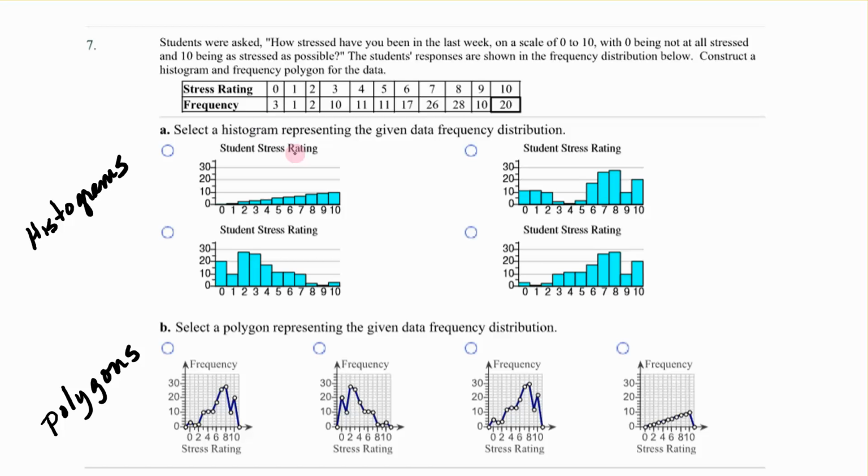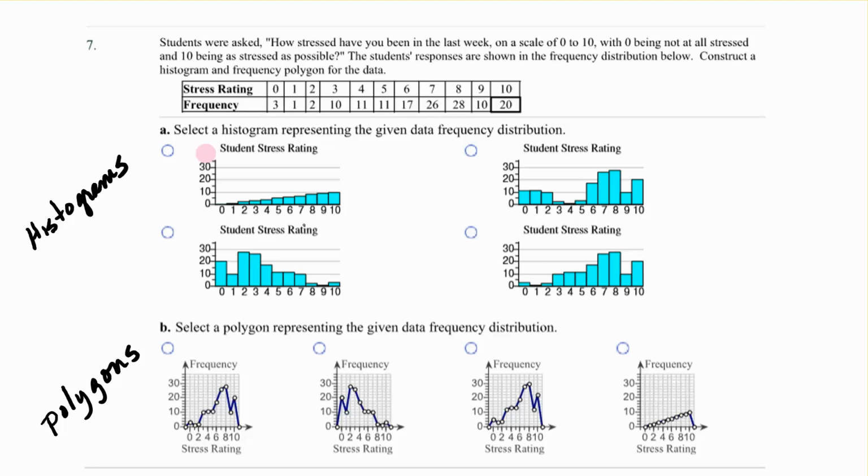And a histogram is really very much like a bar chart, a bar graph. So these aren't labeled, but along the bottom we have the stress ratings, 0 through 10, and then going up is the frequency of people that chose them.